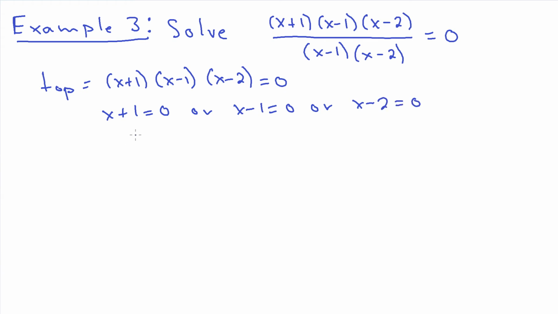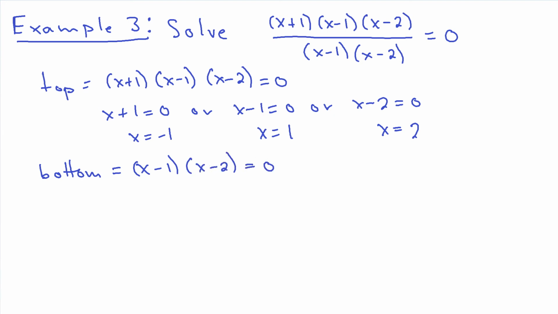And so this is when x is equal to minus 1, x is equal to 1, or x is equal to 2. And the bottom, which is x minus 1 times x minus 2, is equal to 0 when x minus 1 is equal to 0, or when x minus 2 is equal to 0. So when x is 1 or x is 2.